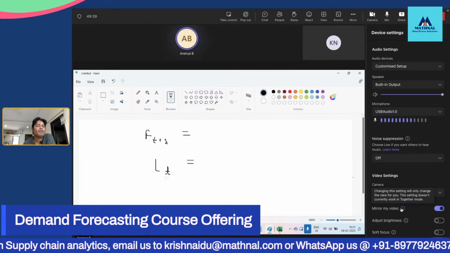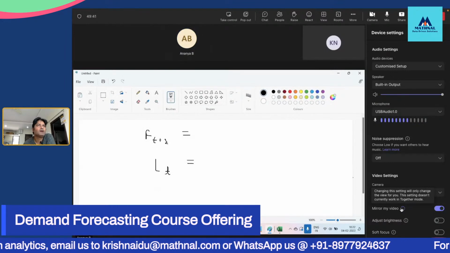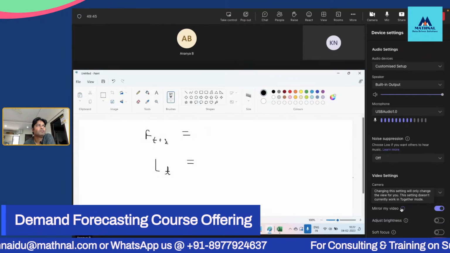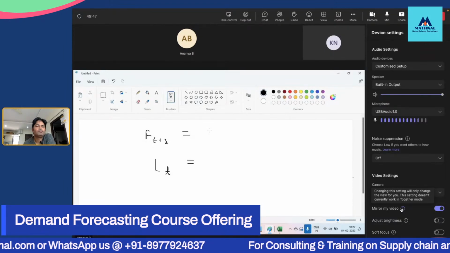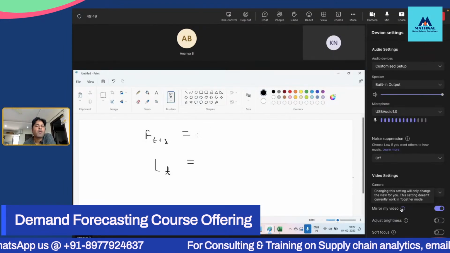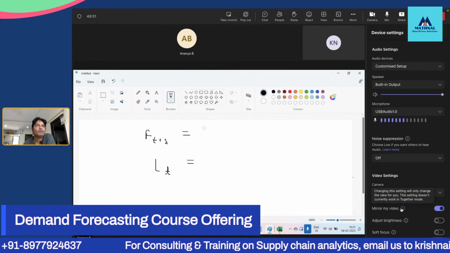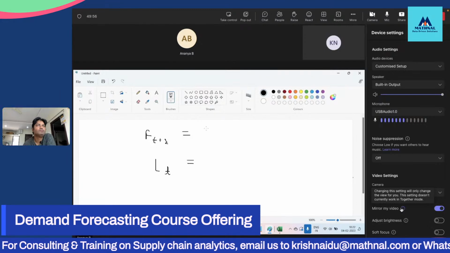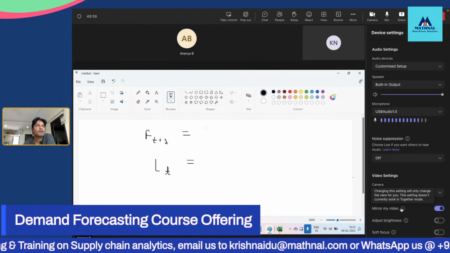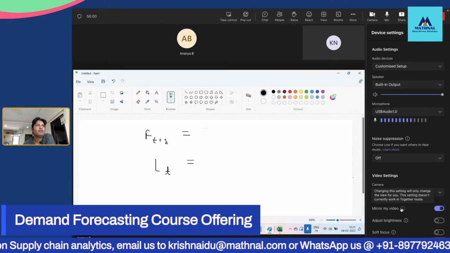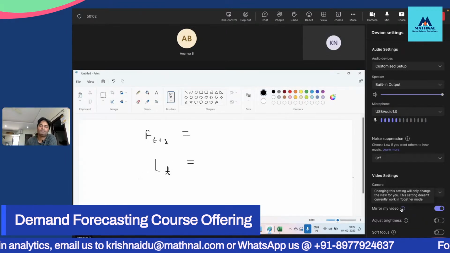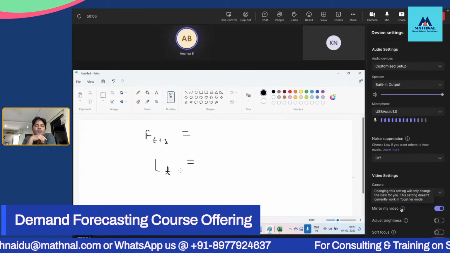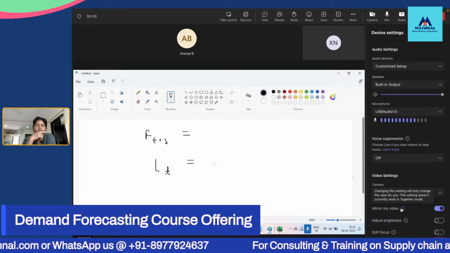So level plus trend plus noise, randomness. What you do here is first forecast the level, then forecast the trend, and after that add the level and trend. All right, so first let's go back to the Excel sheet.